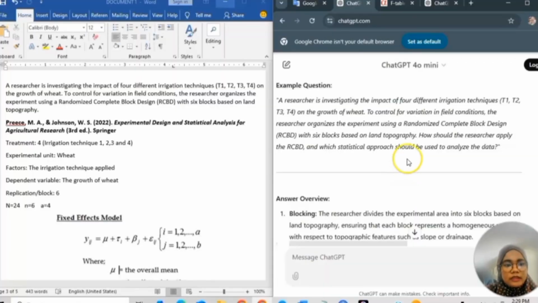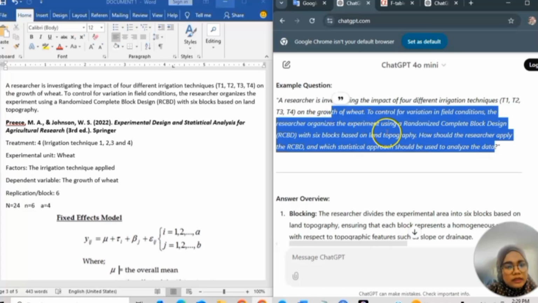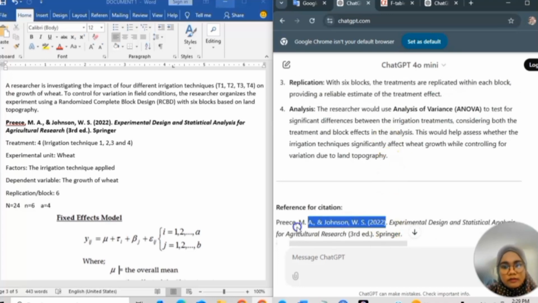Next, RCBD. I asked the AI ChatGPT to give me a question about the RCBD with the citation. So the question is, a researcher is investigating the impact of 4 different irrigation techniques on the growth of wheat.